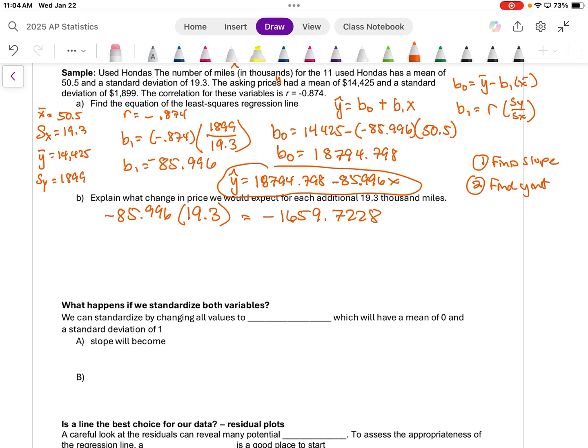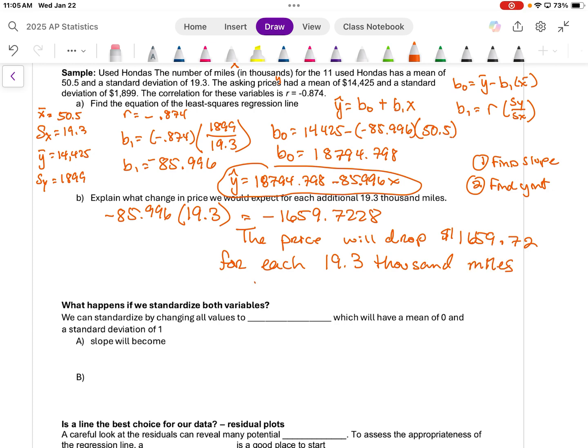So that's why we got to multiply the slope times the 19,000 or the 19.3, and then we would say that the price will drop $1,659.72 for each 19.3 thousand miles driven.